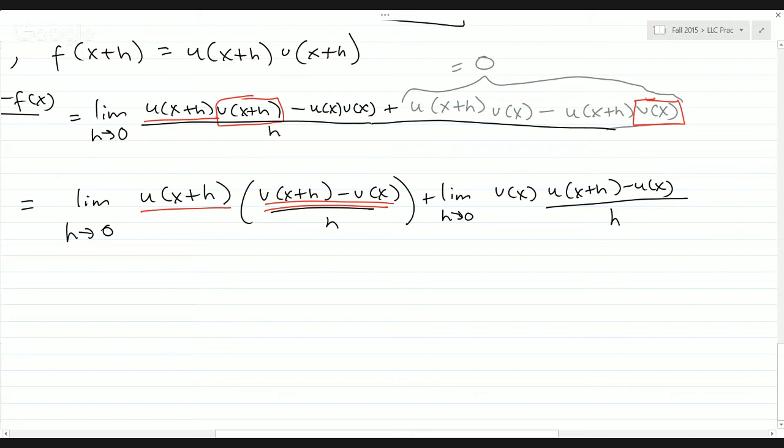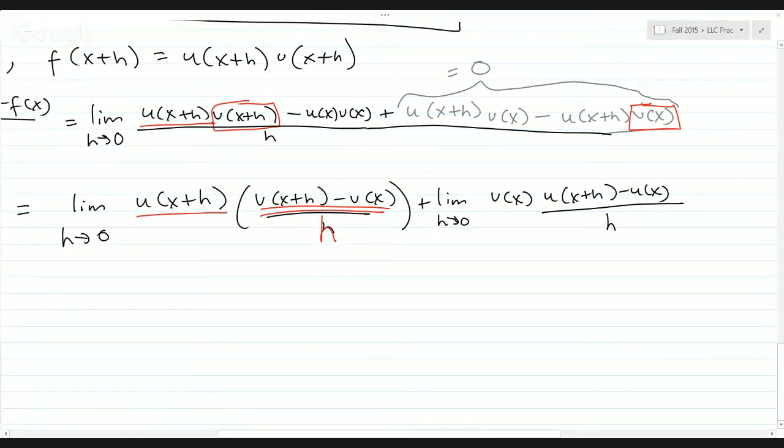They took that out of those spots, and everything's still over h. All right? So they had a u of x plus h at two places. One was being multiplied to v of x plus h, the other v of x. So they brought that down, and we have v of x plus h minus v of x still over h.